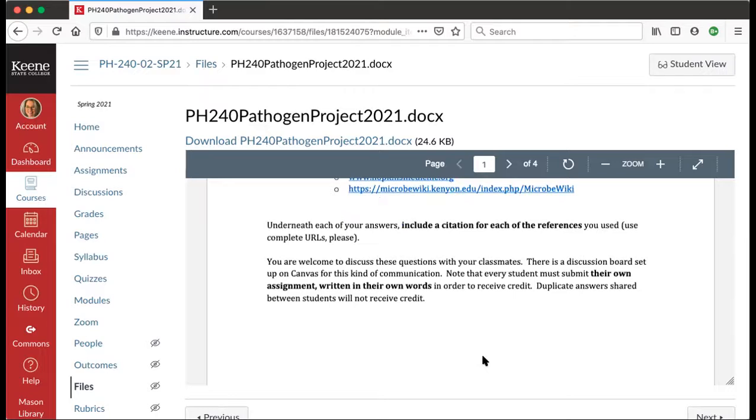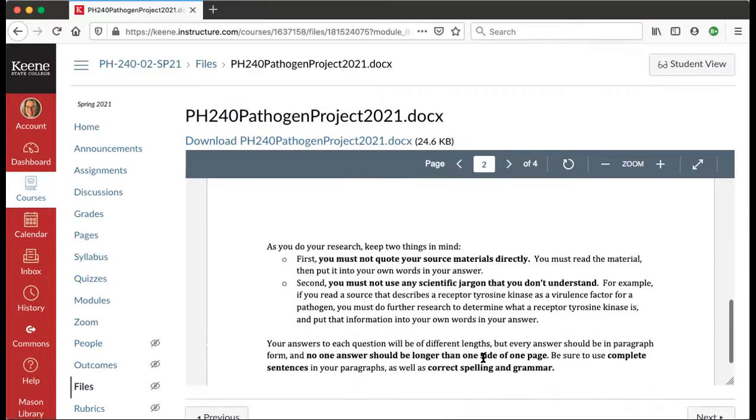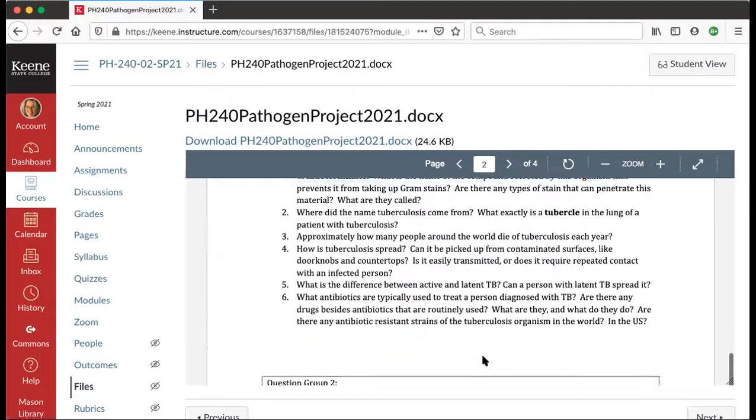The key thing is that you're going to want to let me know underneath each question what 3 or more sources that you use to answer that question, so I can go back in and look at what you used. You're welcome to talk about this assignment with each other.